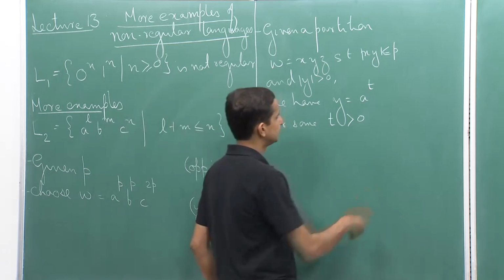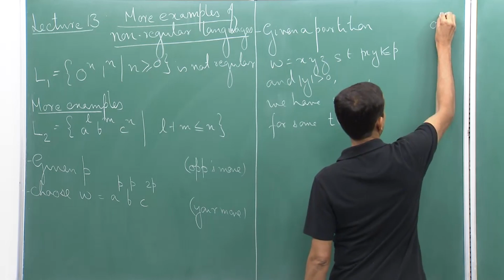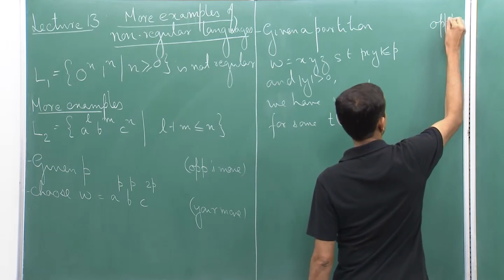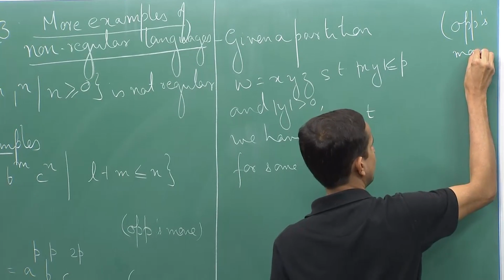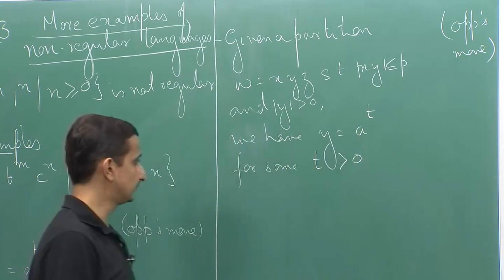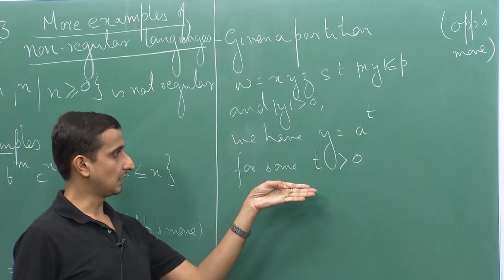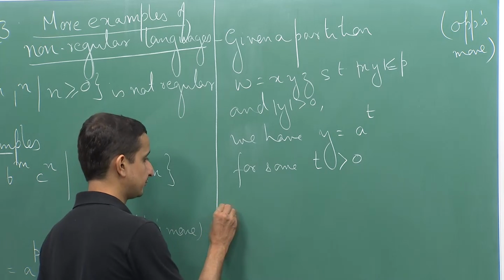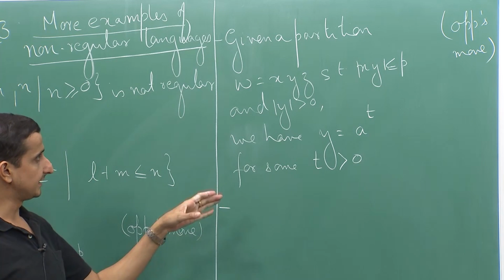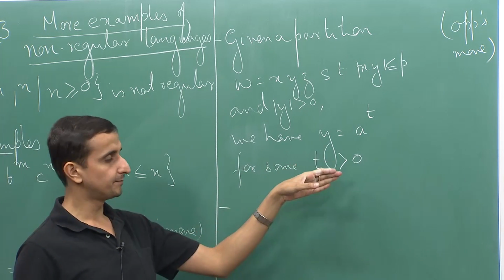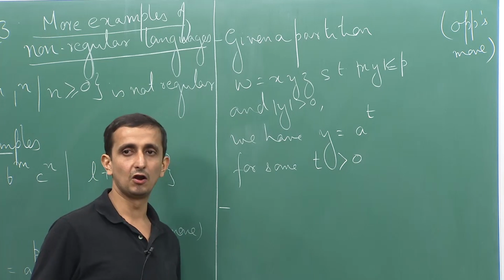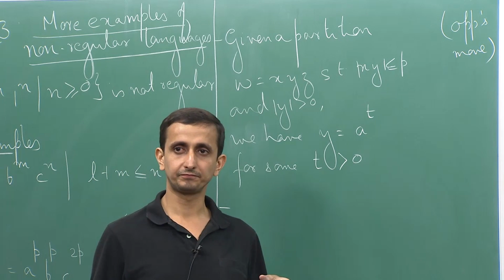This is again your opponent's move. Now you have to choose an i such that x y to the power i z does not belong to the language.